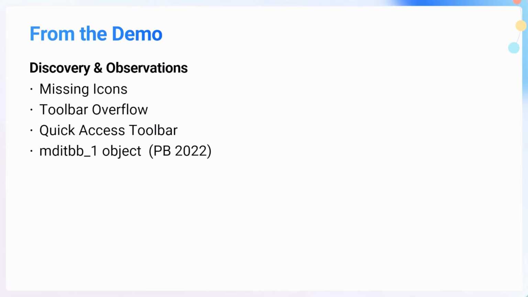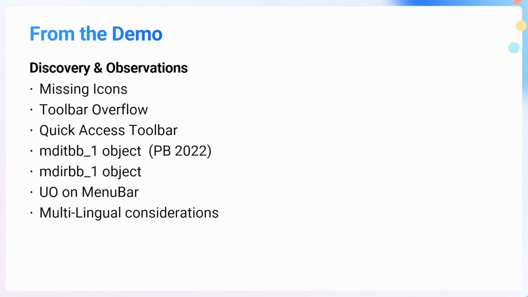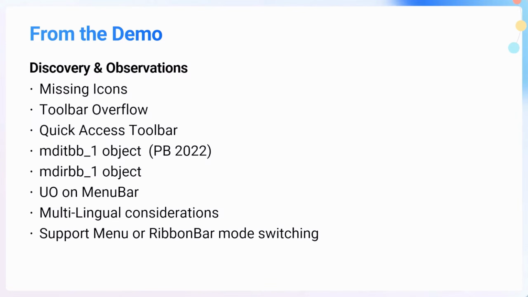But we just need to polish it up and try to understand what's going on behind the scenes with the PowerBuilder runtime. And of course, we do have the tab bar when we have the RibbonBar. Can we control those? What do we do with that poor user object? And multilingual considerations. And how do we write some code to allow the user to run with a menu or run with a RibbonBar, or dynamically at runtime switch back and forth?